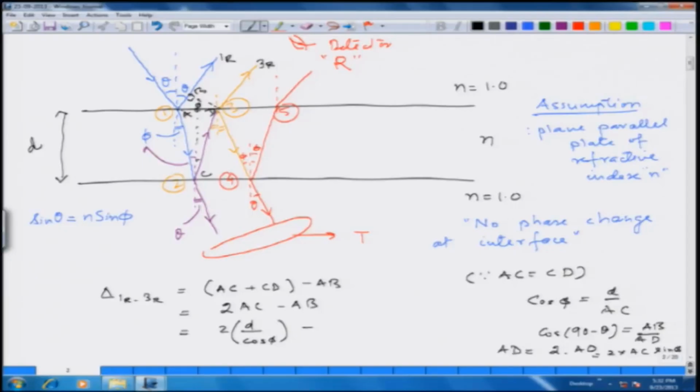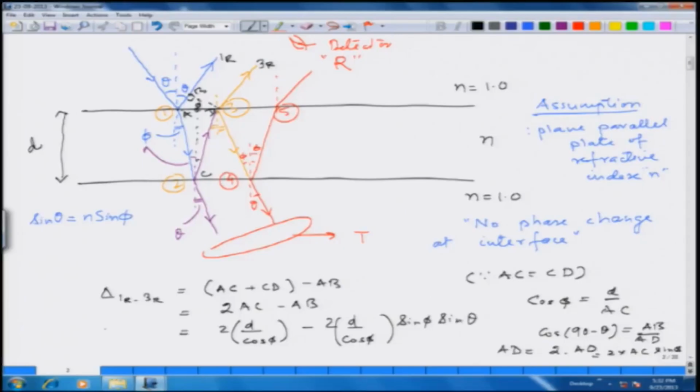So, AB is going to be 2 times AC times sin phi. AC we have already shown is nothing but d by cos of phi, then this multiplied by sin of phi. And I am writing this for AB, so this is AD times sin of theta.